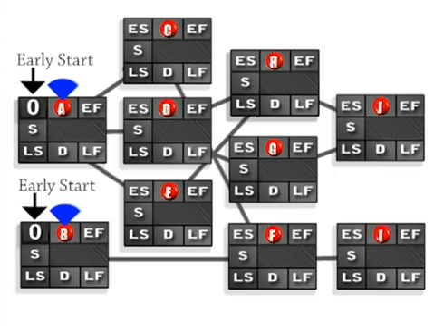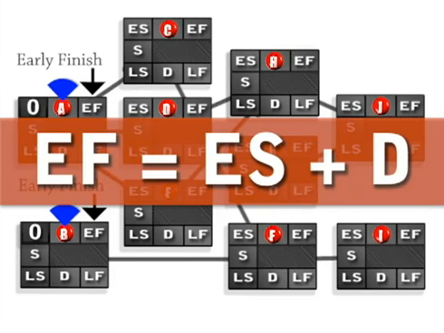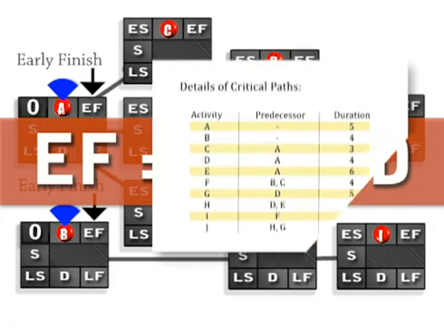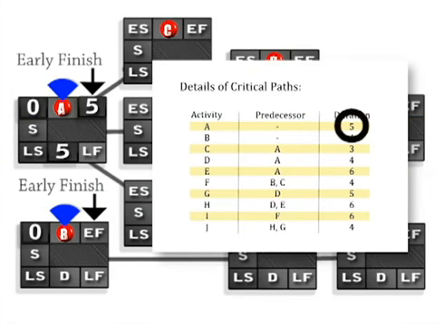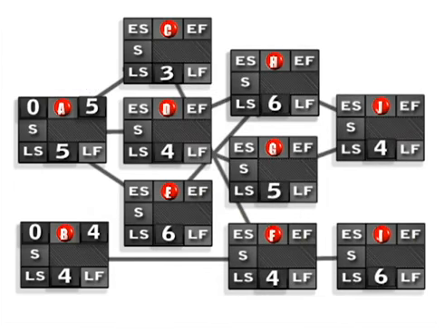Now we want to calculate what the early finish time is going to be. To calculate early finish, we take early start and add the duration. So 0 plus 5. 0 plus 4. All right, so we've done the first 2 tasks.